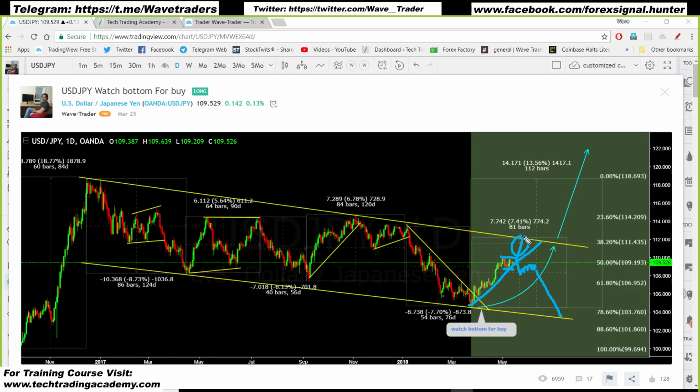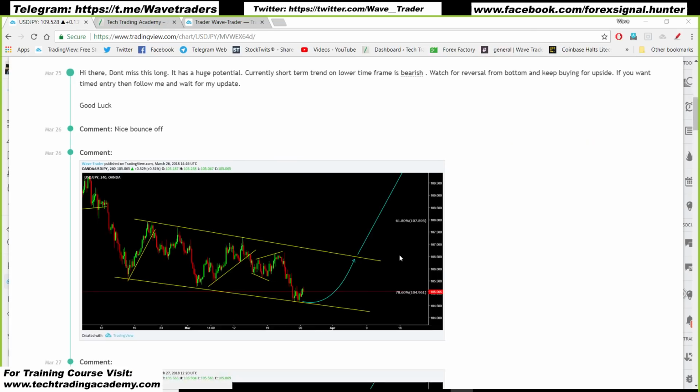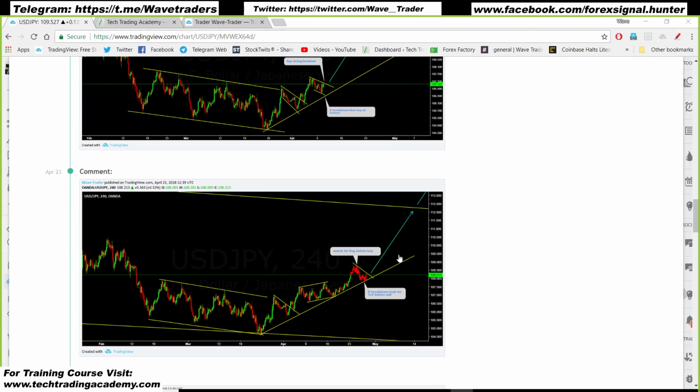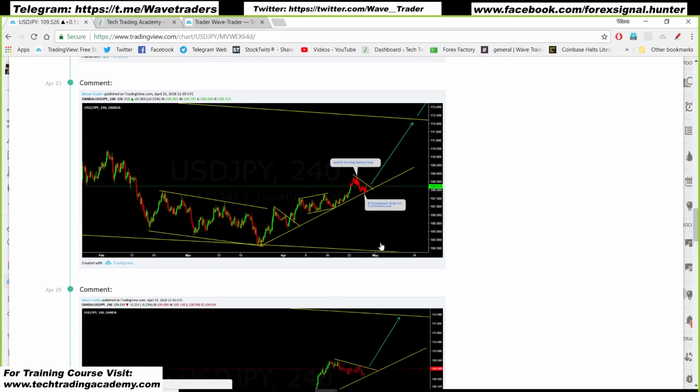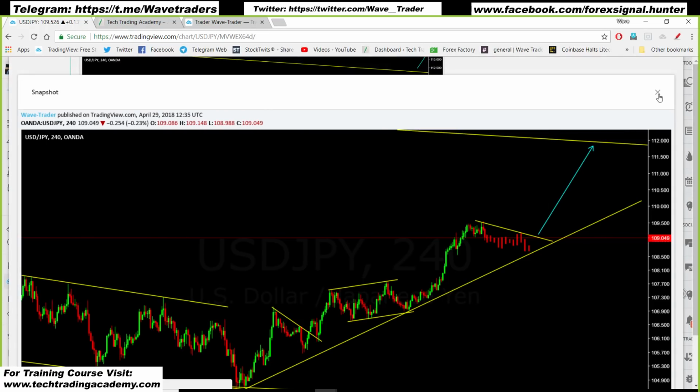If price breaks up aggressively, it can even break up that bigger flag and keep pushing to the upside, back to that top. Otherwise we're not going to see that wave. So far, we were looking for that correction to form.